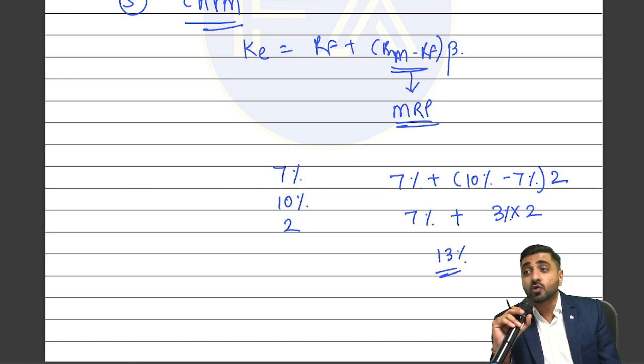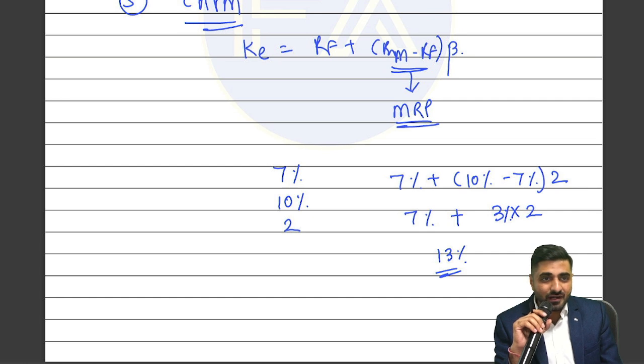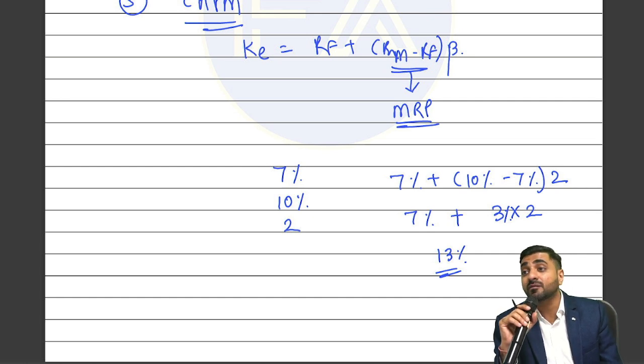I have taught you a total of 9. First I taught KD. Everyone, the formula for KD: I into (1 minus tax) upon net proceeds into 100. Then I taught you KP irredeemable: preference dividend upon net proceeds into 100.